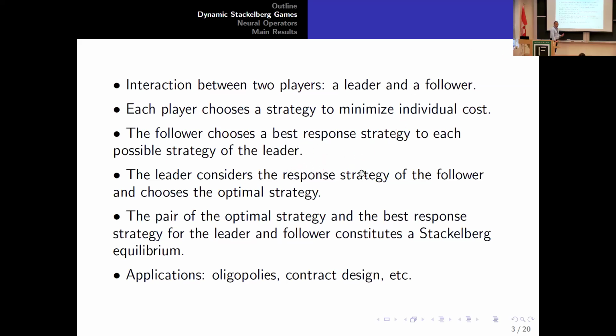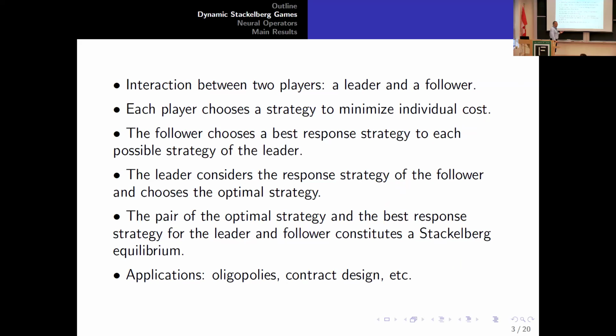That means the follower has to be prepared for any strategy of the leader. Then the leader takes into account the response strategy of the follower and chooses the optimal strategy for himself. That is how it works. The pair of the best optimal strategy for the leader and the best response strategy for the follower is called the Stackelberg equilibrium.